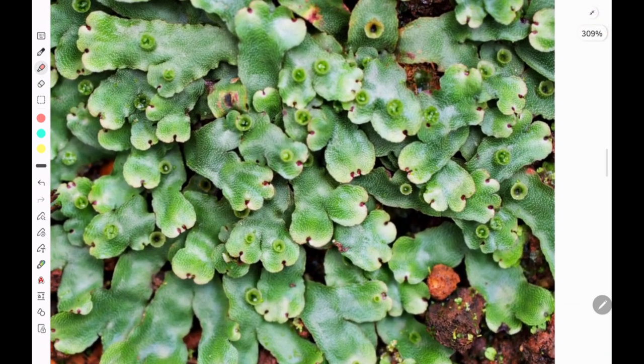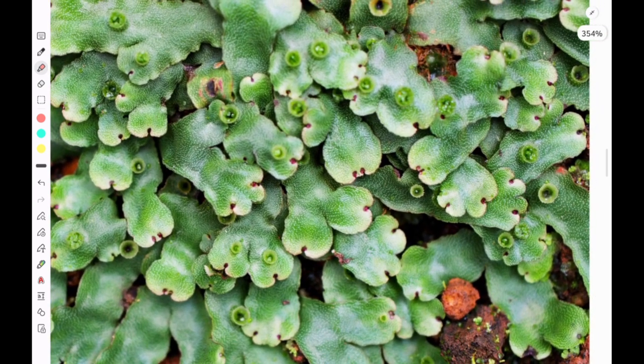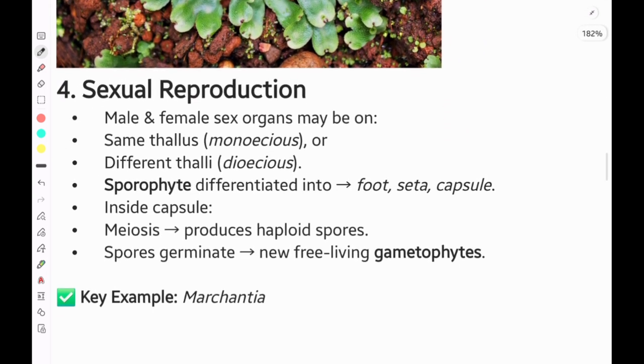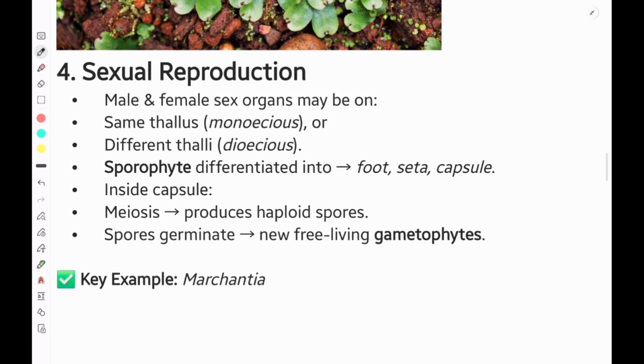Here you can see the image of a thalloid. These structures are gemma cups, which germinate further to form new thalloids. Sexual reproduction: for sexual reproduction, they have sexual organs.